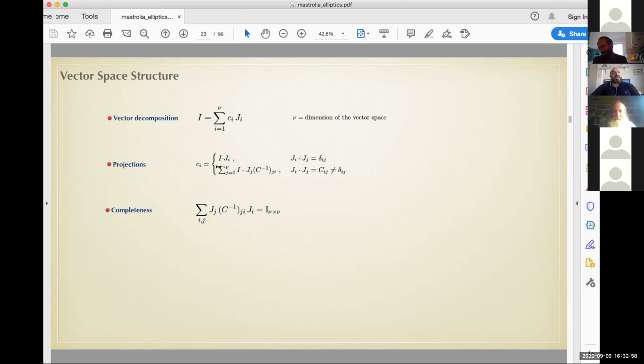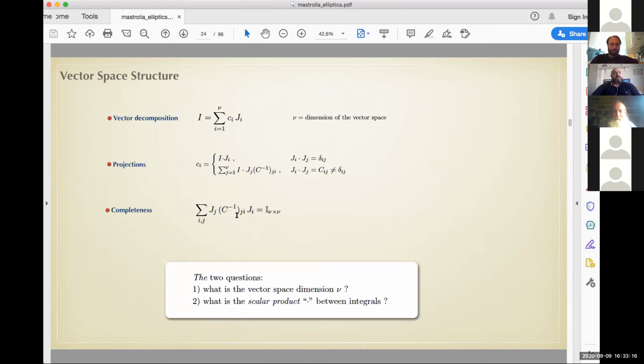In order to do that, we need a scalar product and a basis with certain properties, namely a scalar product that could even allow us to form an orthonormal basis, or a completeness-like relation.